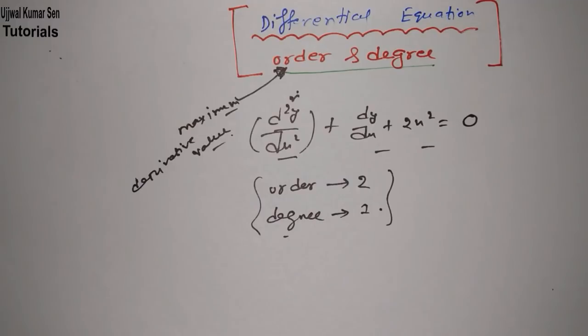Order is the derivative of the term, and degree is the power of that derivative. So the first preference we have to give is the maximum derivative, then the power of that derivative is known as the degree.